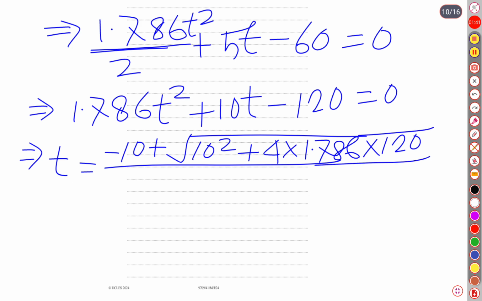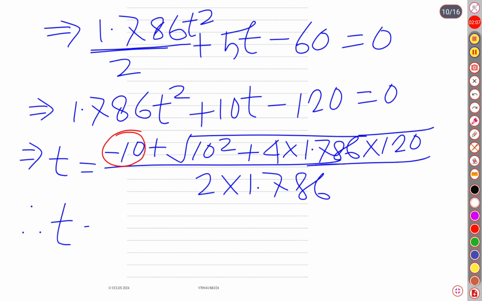Now you may ask a question: the quadratic formula has both positive and negative signs, but our first quantity is already negative, so we cannot use the negative root, because t must be greater than or equal to 0. Hence t is negative 10 plus the square root of 10 squared plus 4 into 1.786 into 120, over 2 into 1.786.